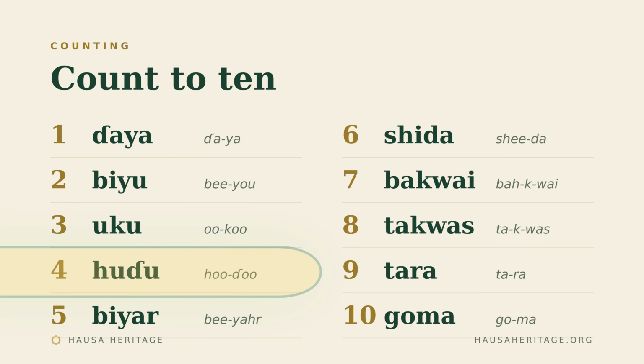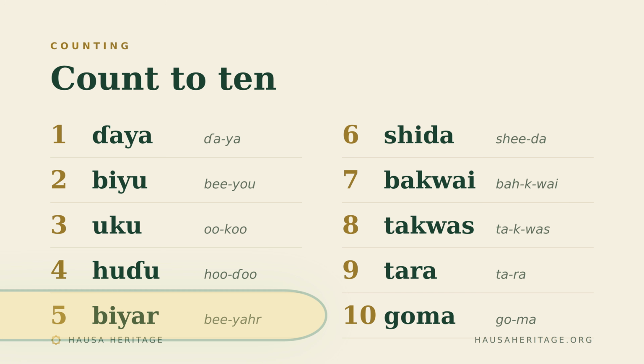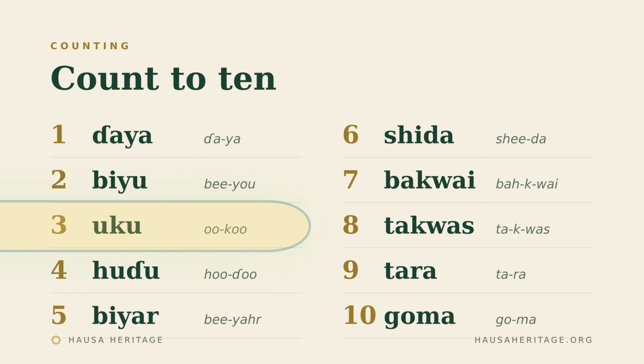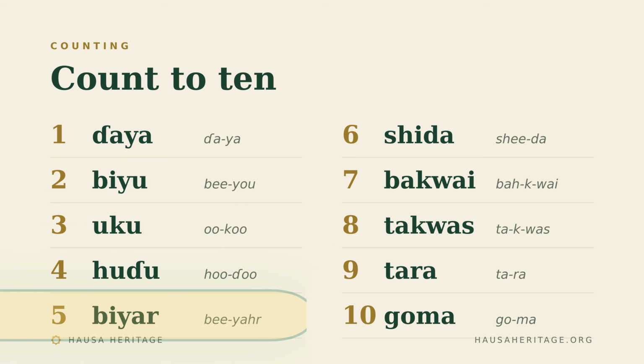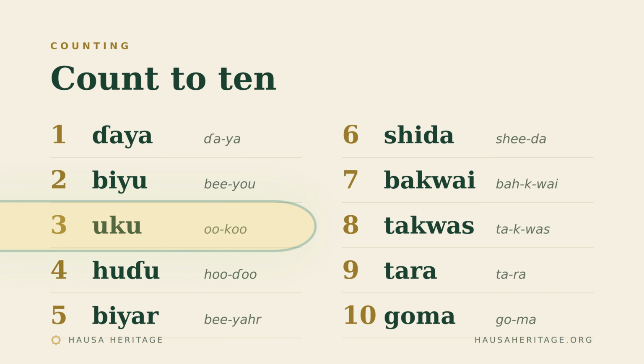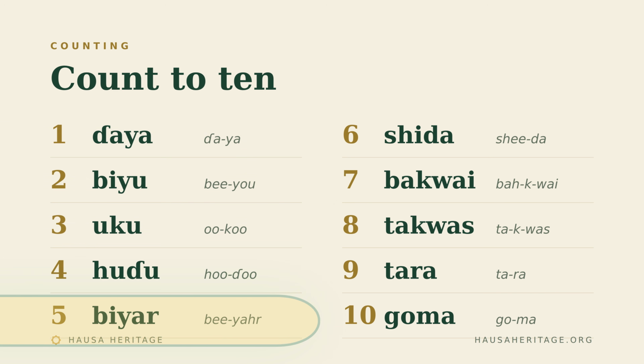Notice that huɗu has the hooked D sound again. Biyar is 5. Biyar. Now let's count from 1 to 5. Ɗaya, biyu, uku, huɗu, biyar.